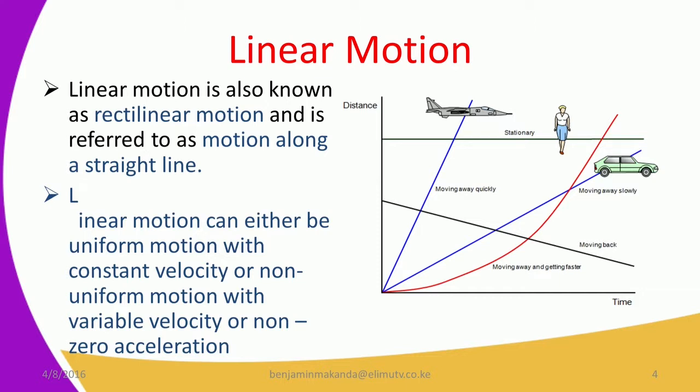The object is stationary, while the other one is showing that the object is coming into rest, moving back. So this one can help us to understand what linear motion is, and from the definition we have said, it is also called rectilinear motion, a motion along a straight path or straight line.